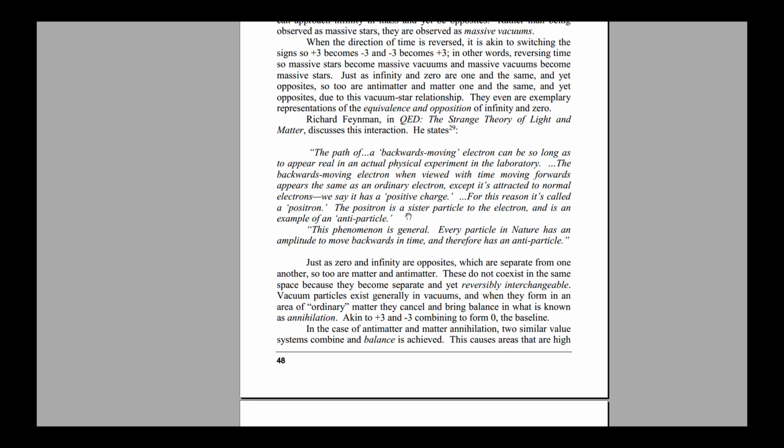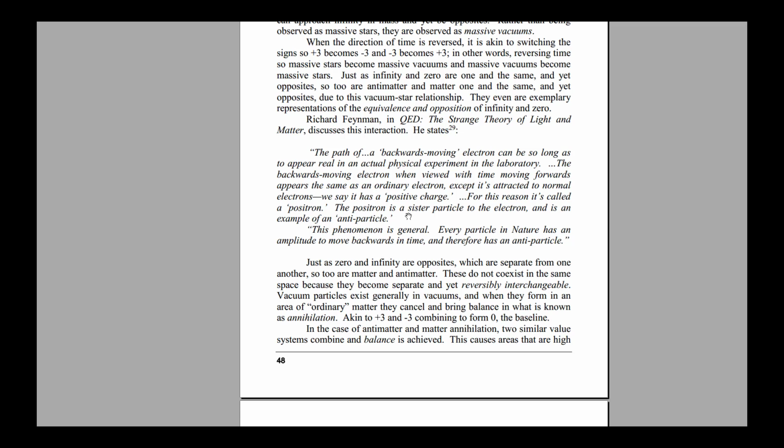Richard Feynman in QED, The Strange Theory of Light and Matter, discusses this interaction. He states, "The path of a backward moving electron can be so long as to appear real in an actual physical experiment in the laboratory.